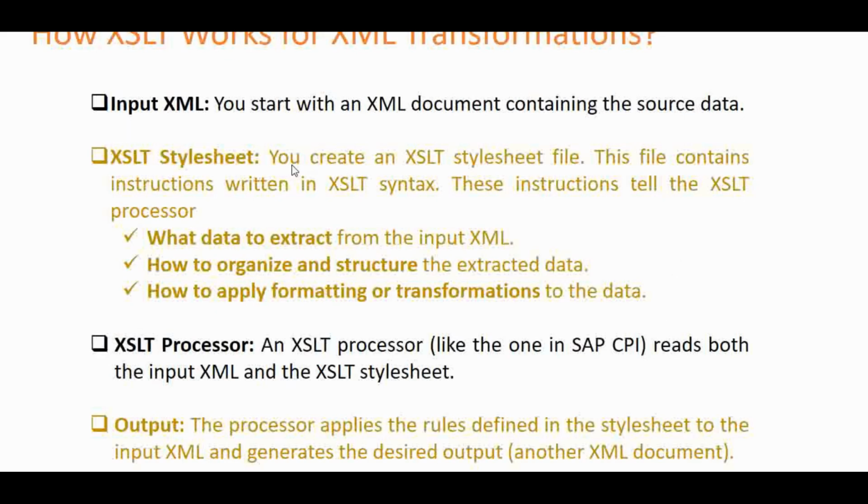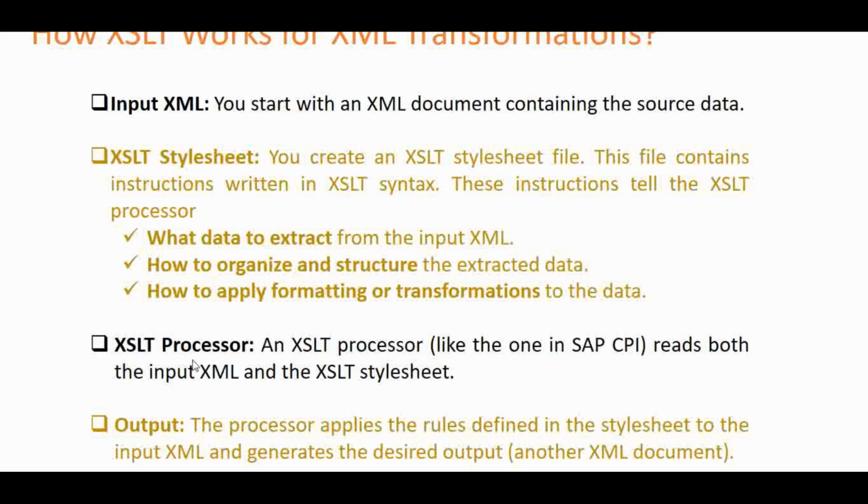The XSLT style sheet we will be creating will have the instructions written in the XSLT syntax that will read the data from the XML. That means it will extract the data from the input XML. It will reorganize the data to a different structure and also do some formatting for the data transformations. So you are transforming data from a source to a target, based on how the target system is going to accept the data.